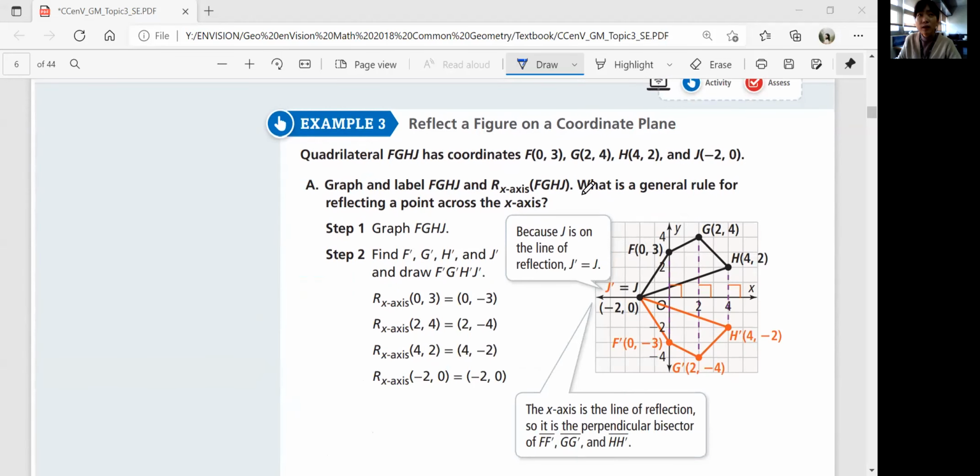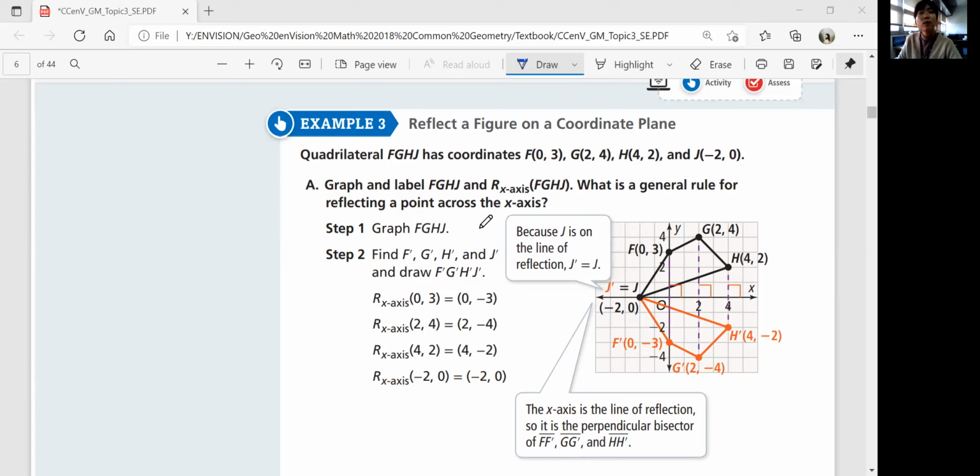Example 3, reflect the figure on a coordinate plane. Quadrilateral FGHJ has coordinates (0, 3), (2, 4), (4, 2), and (-2, 0). So now looking at the coordinate plane, can you find the exact points for the reflection of FGHJ?